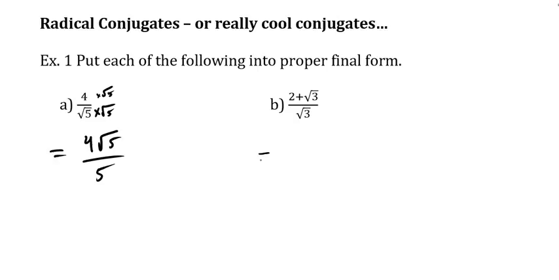Okay, so what about if it's a little bit different? Root 3 over root 3. That's going to give me 2 root 3 plus 3 over 3.